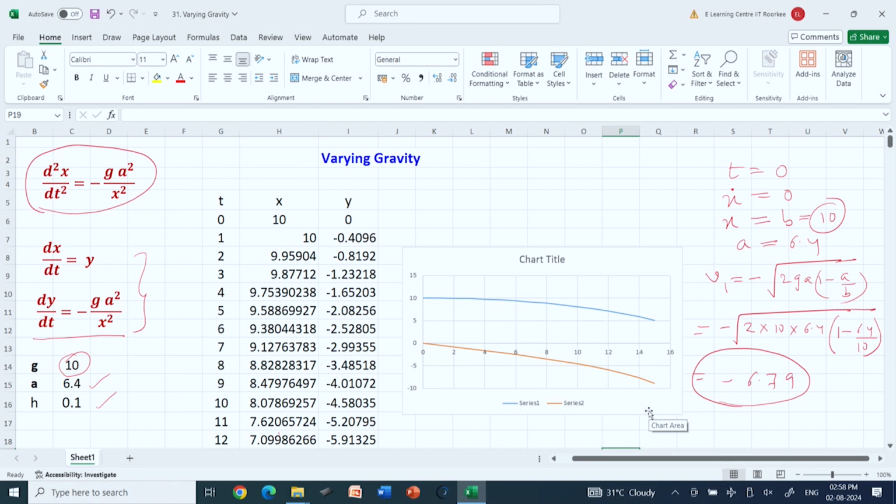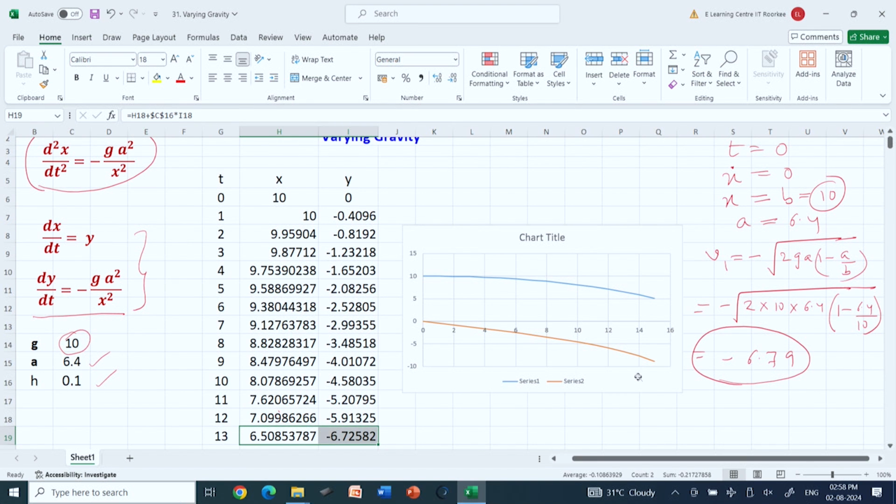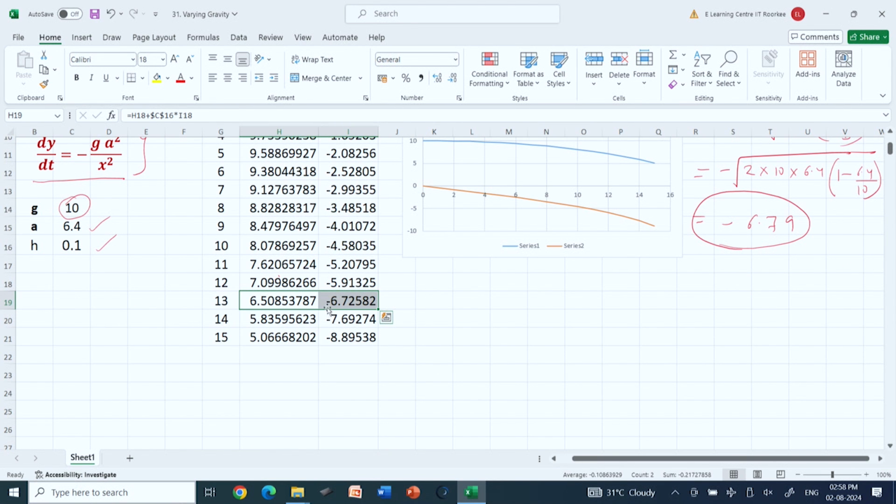Now, if you look into the velocity value, you can see that in this step it has attained the velocity of minus 6.72, which is approximately equal to this, and the distance is 6.5.